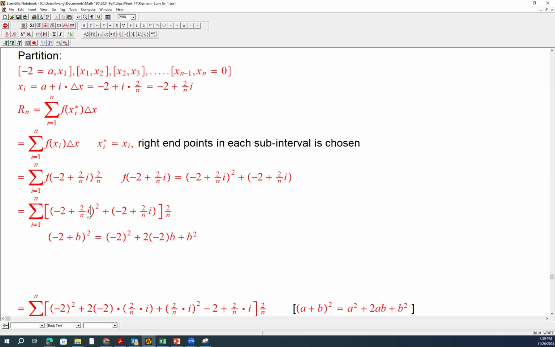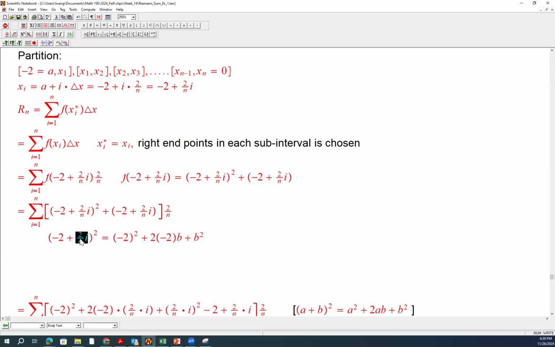Okay, b, what is b? This is b, because this is (a plus b) squared. This is a very commonly used algebraic formula. So b is substituted by 2 over n times i.